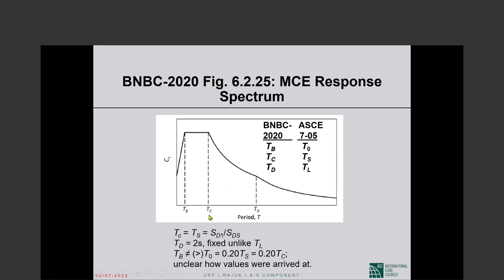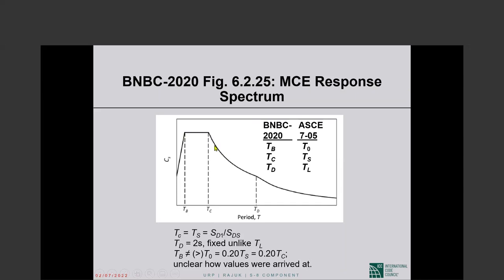Now the T sub C is exactly equal to the T sub S of ASCE 7-05, and both are equal to S sub D1 divided by S sub DS, because at this point the S sub DS has to be equal to S sub D1 by T. The equation for the flat top is S sub DS.